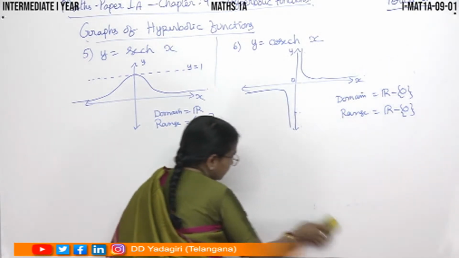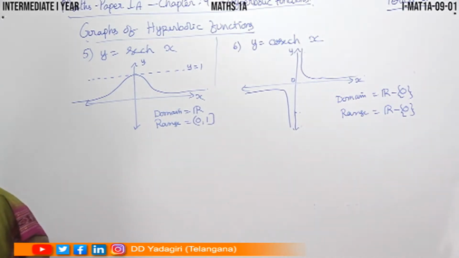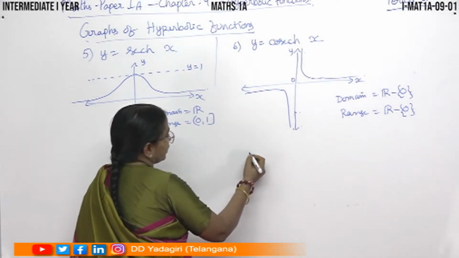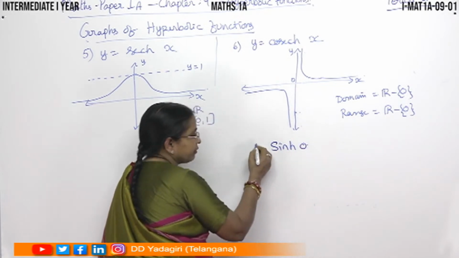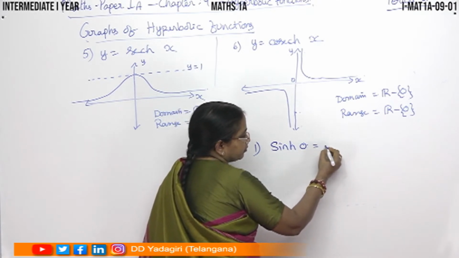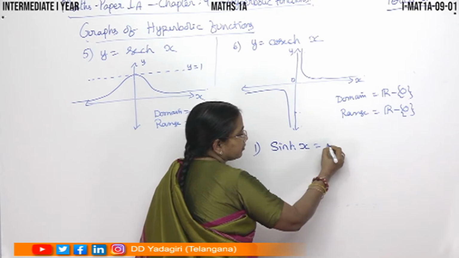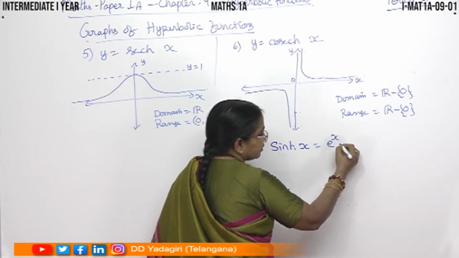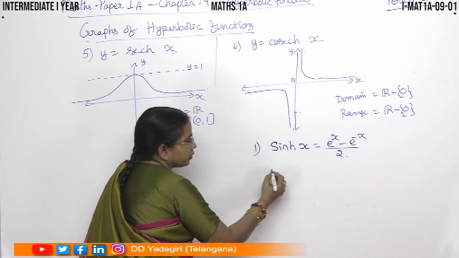Okay. Next we'll take sinh of 0. One by one we'll write. Actually, what is sinh of x? Sinh of x is (e power x minus e power minus x) by 2. This is the formula.